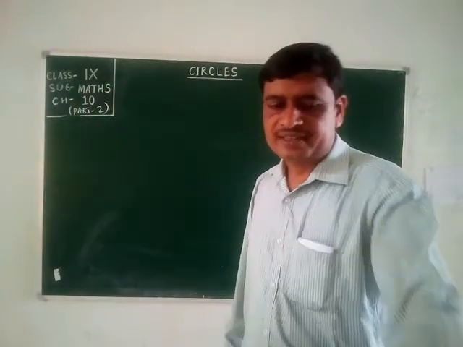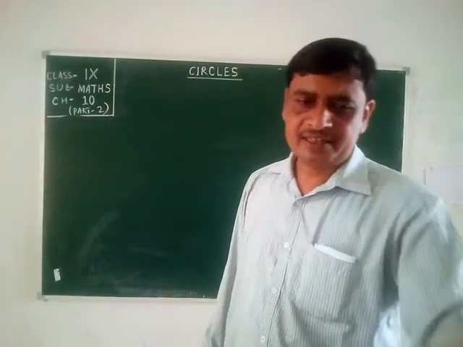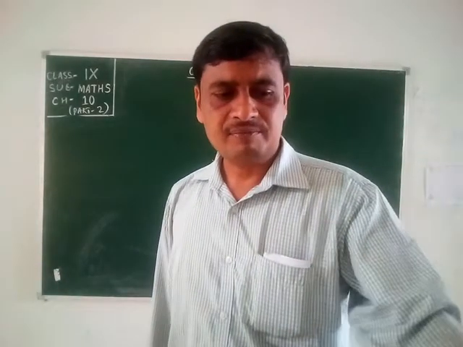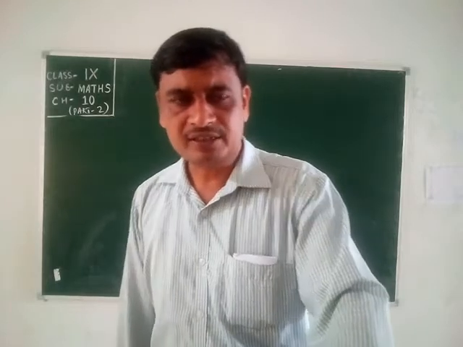Let's do one example here. If two intersecting chords of a circle make equal angles with the diameter passing through the point of intersection, prove that the chords are equal.